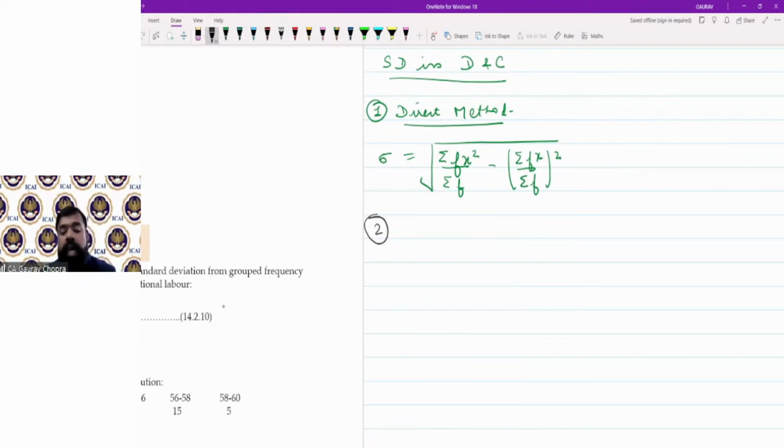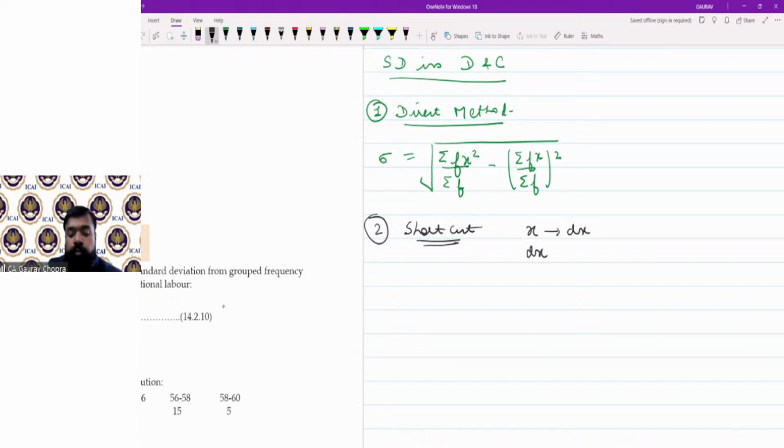Almost same, at every place we have inserted the frequency. The second formula we are writing is shortcut method. Now in the shortcut method, only change we have to do is replace x with dx. So in place of x, you will write dx.